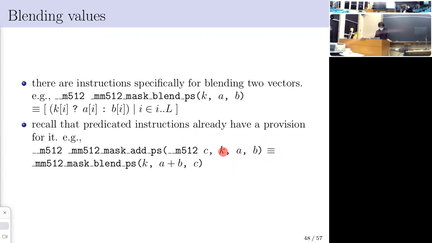But it takes a mask and another vector specifying the value for lanes on which K is not set. So it essentially computes A plus B and blends A plus B and C based on this mask. Again, I think I made a mistake, right? It should be K, C, A plus B. So the last argument is the value for set bits.